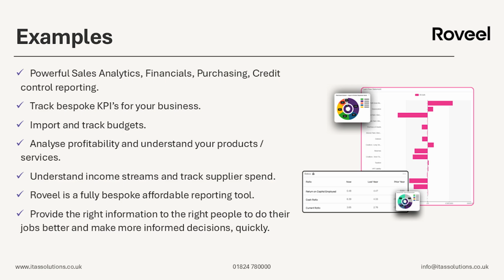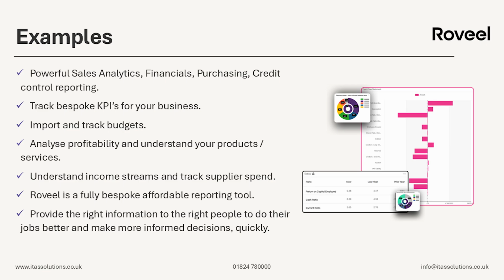So understanding income streams and tracking supplier spend, obviously suppliers is the opposite, and making sure that suppliers are delivering value to you. Fully bespoke, affordable reporting tool. We charge a monthly fee. So for 5 users, it's $4.50 a month.